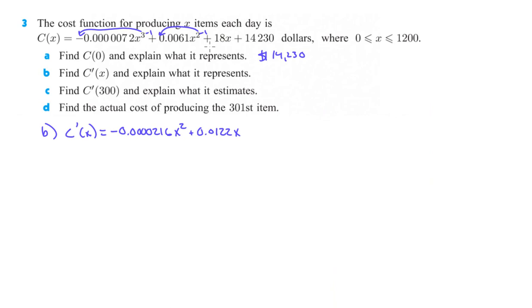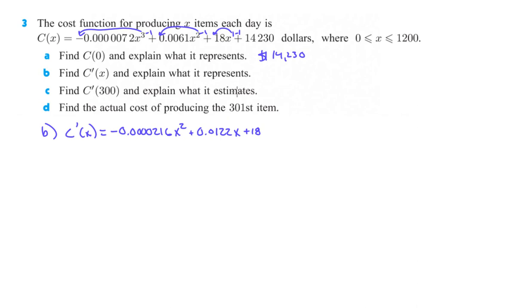X to the, subtract 1 from that, that's just x to the first, so we can just leave it like that. 1 times 18 is plus 18. Subtract 1 from that, and the x's are gone, and the constant is gone as well. So that is C prime.